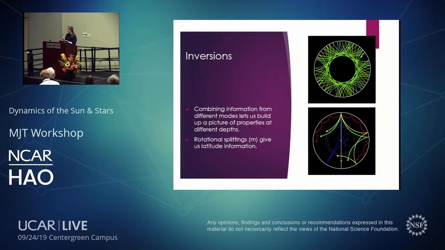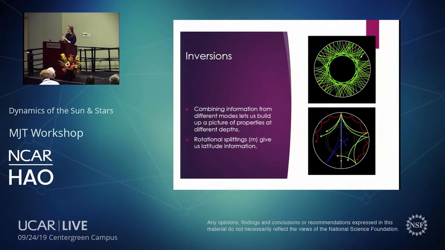So I hardly need to tell this audience very much about 2D inversions, but if you think that every oscillation mode of the sun can be characterized by its angular and radial spherical harmonic characteristics. And so different modes occupy different areas of the sun, and you can put them together to build up a profile of the interior.